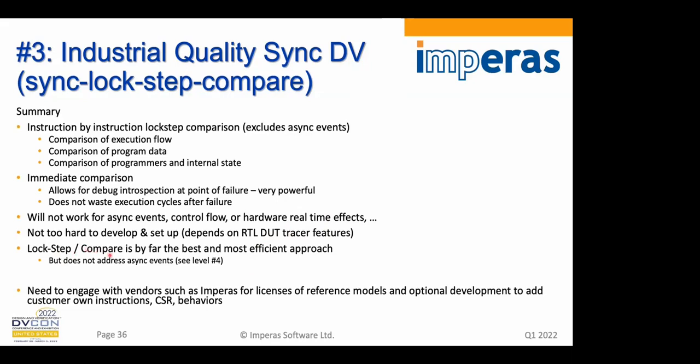A lockstep compare approach is by far the best approach that you can do. And again, your reference model has to match your RTL, and so you have to make sure the reference model can be extended to be the same as the RTL. And in Imperas, if you're using Imperas models, we can configure that and set that up so that it works seamlessly, works properly there.